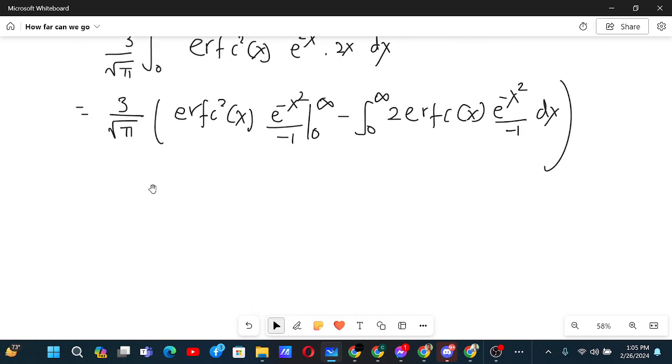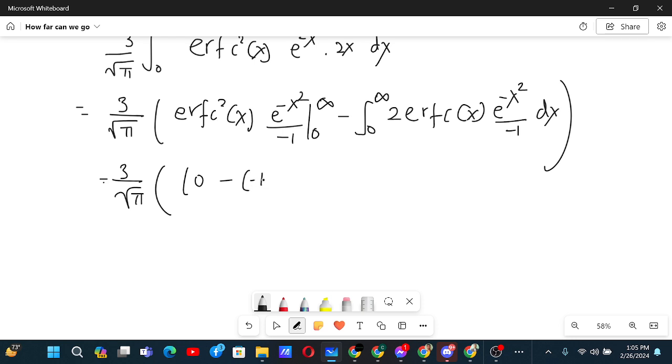So now we have 3 by root pi. At infinity this is 0, this is 0, minus at 0 this is 1, this is also 1, so minus 1, minus this is 2 times integral from 0 to infinity of erfc x, and since there's a minus it will be plus, e to the power minus x square dx.